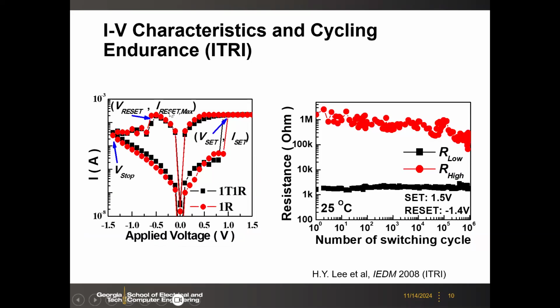So here, this is a typical IV characteristics. You see this is pretty much like what I fabricated from Stanford clean room. So you see this bipolar switching, right? Very representative. By the way, the material that I used at Stanford clean room was also hafnium oxide. So at that time, we realized that this is a good material.